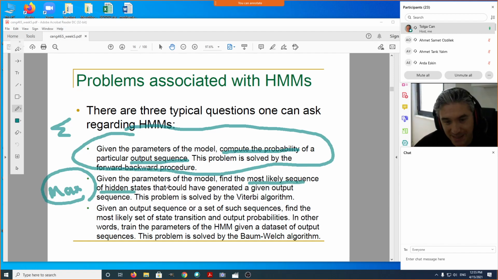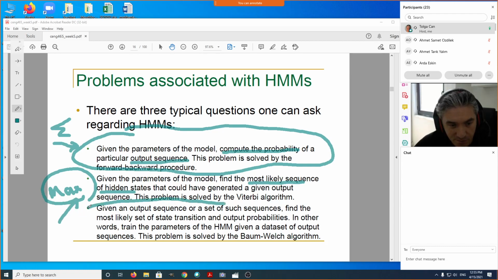So we are going to be using the same dynamic programming algorithm. And when we replace our max term with summation, we will be answering this problem. If we keep the maximum best path that produced an output sequence, we will be solving this problem.